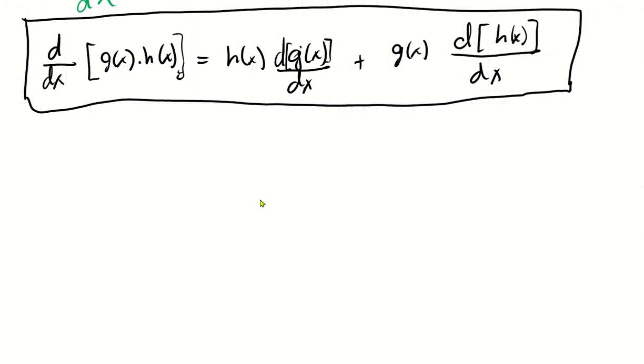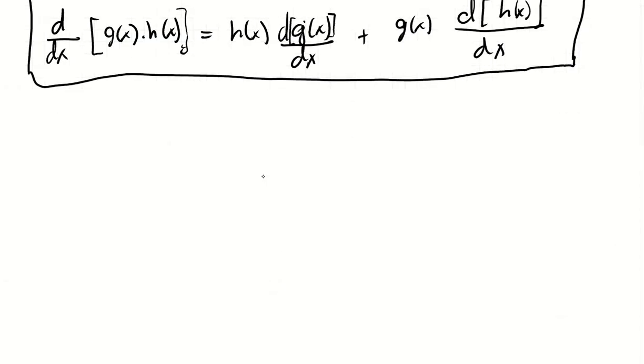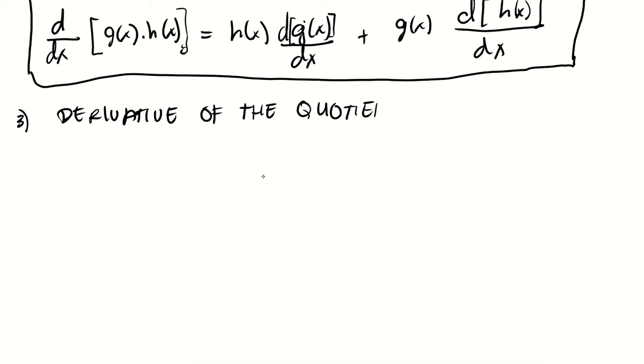So the last one will be, of course, the opposite of product. We have the derivative of the quotient of two functions.